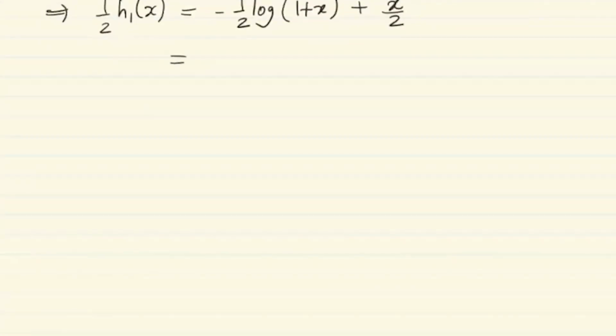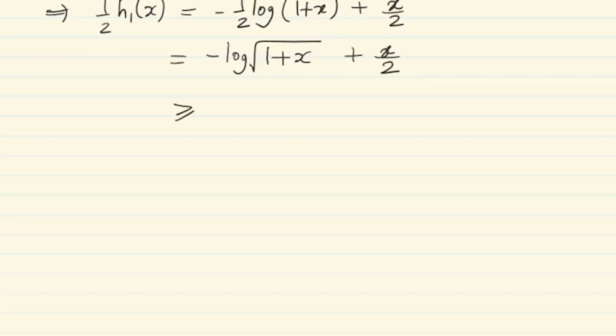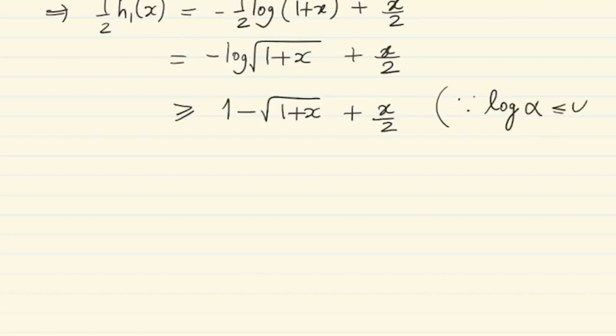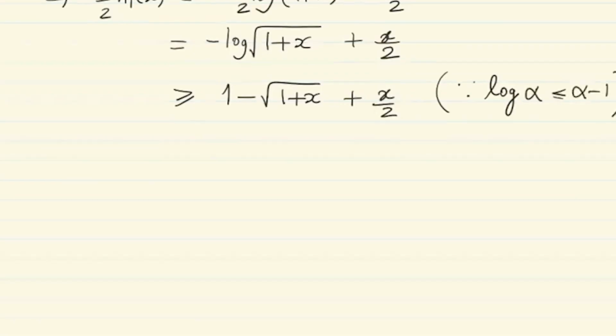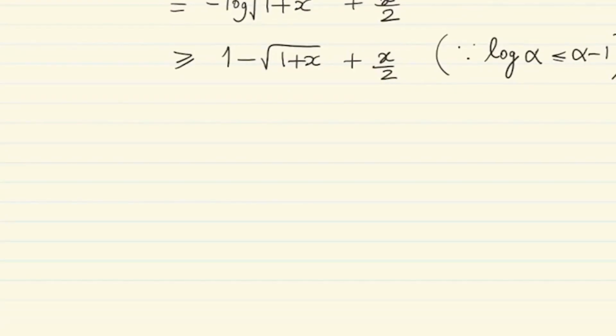This is the same as minus log square root of 1 plus x plus x by 2, and this can be lower bounded by 1 minus square root of 1 plus x plus x by 2. This is because for any number alpha which is greater than 0, log alpha is less than or equal to alpha minus 1 universally. So that's what gives rise to this bound.